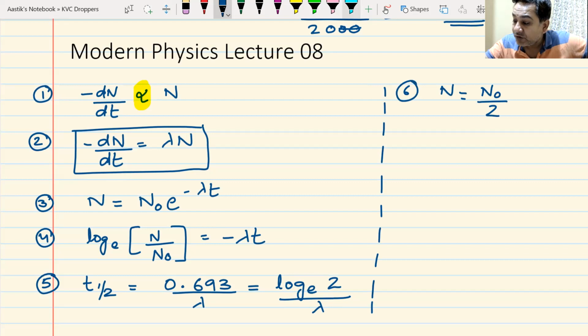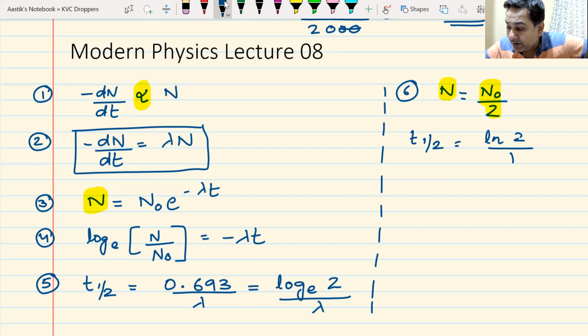So in this equation, I am going to put the value of N as N naught by 2, and there we will get the formula of half-life. Do we understand this? Yes, sir. From there I get half-life T half or T H as natural log of 2 divided by lambda. Do not forget this ever in your life.